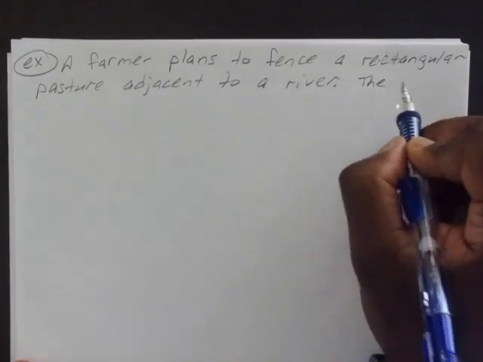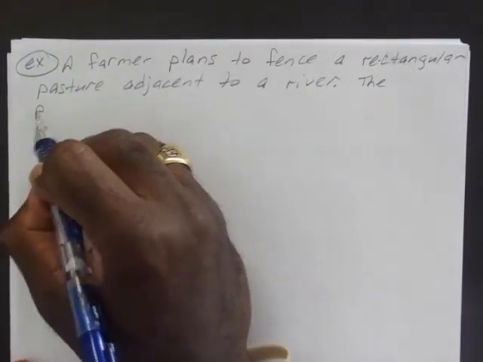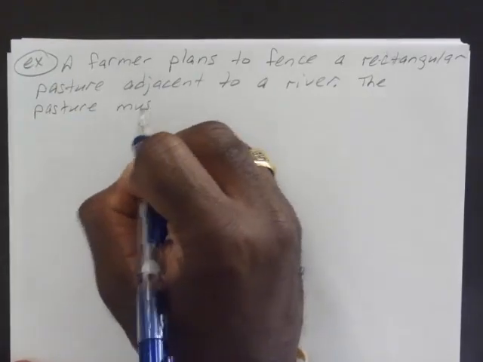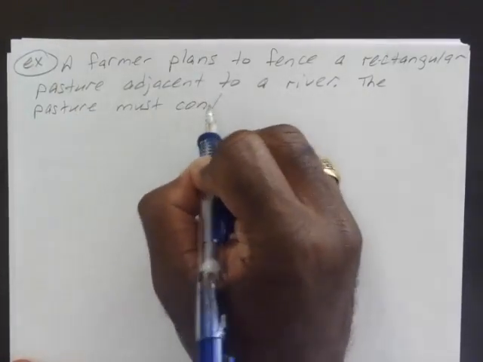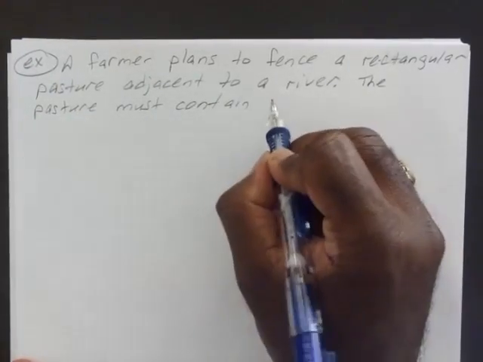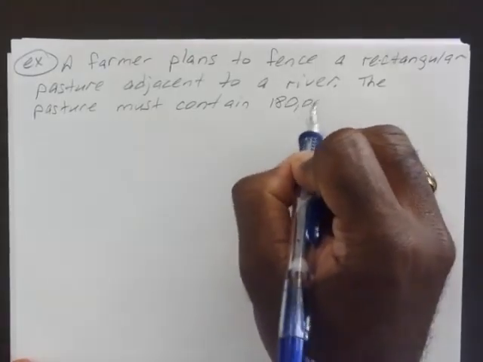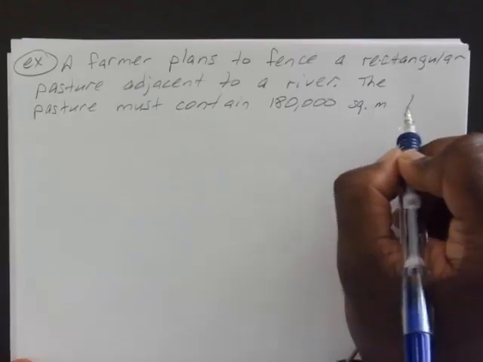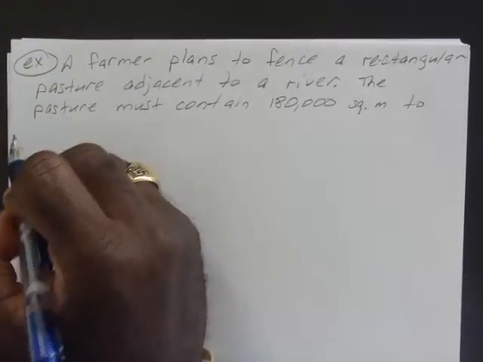Okay, so we know that the pasture must contain 180,000 square meters to have enough grass to feed the herd.